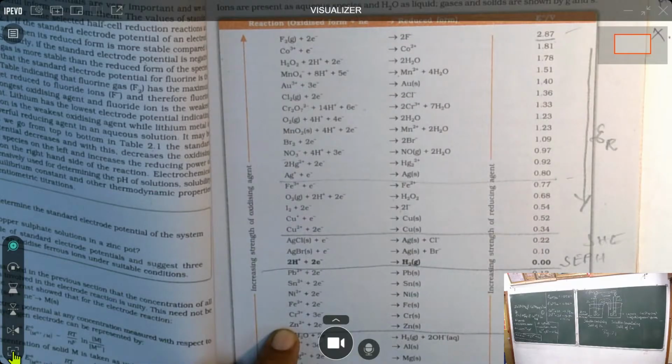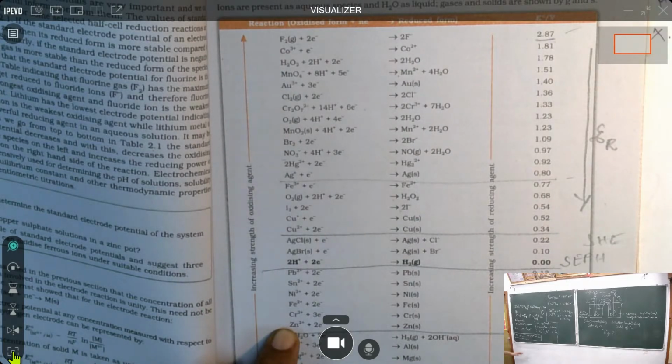So in that case, what should be the value? Zn becomes Zn2+ plus 2e, that is the natural tendency. But the value given here for Zn2+ plus 2e is minus 0.76, just opposite to that. So the value becomes plus.